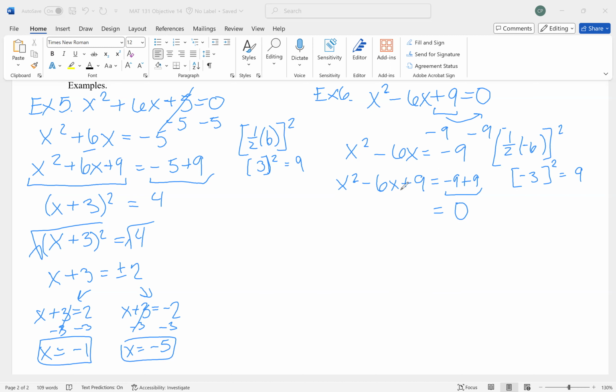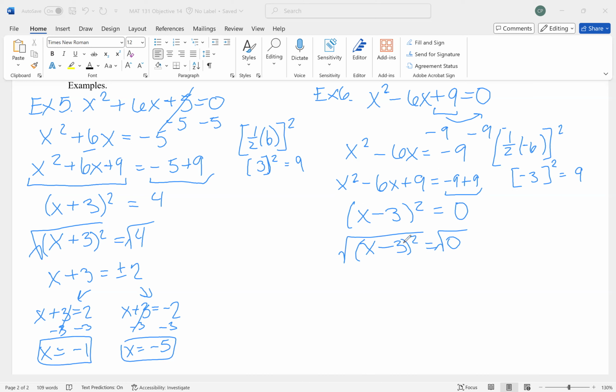Now we can factor this side to get x minus 3 squared, and it will be equal to 0. At this point, we take the square root of both sides.